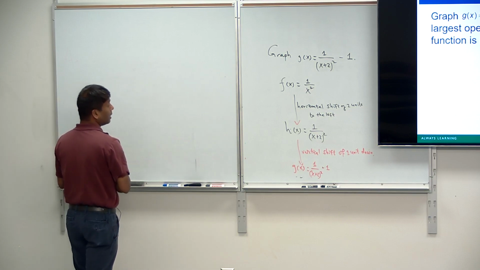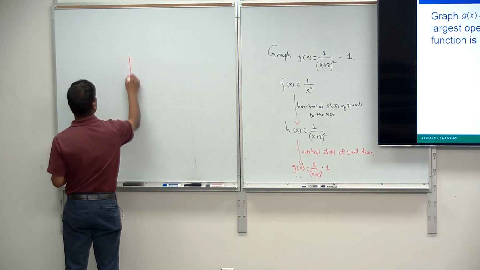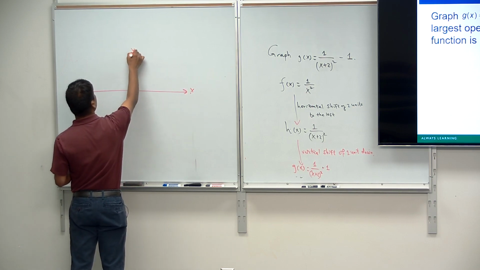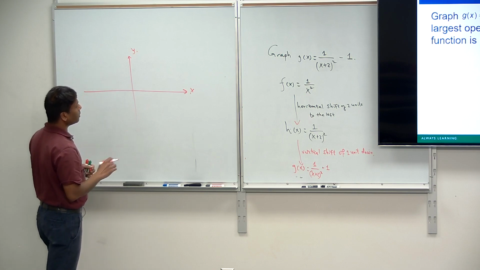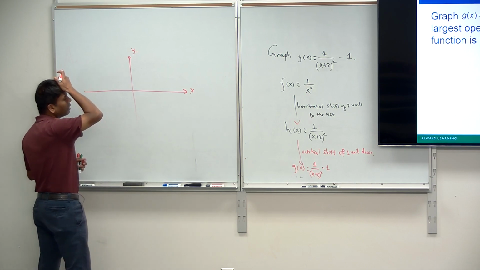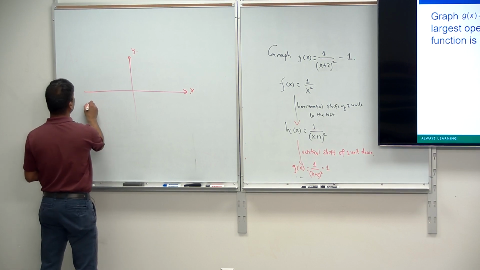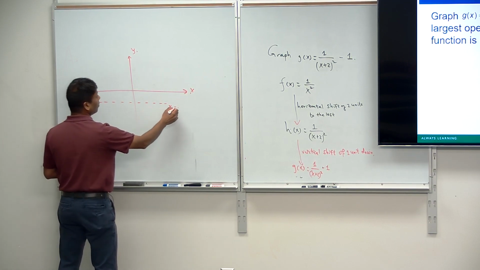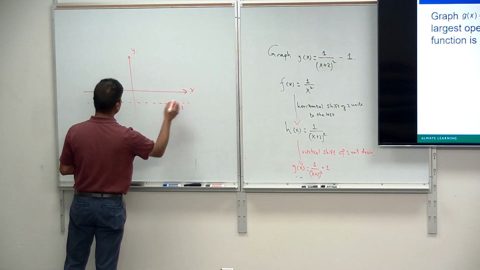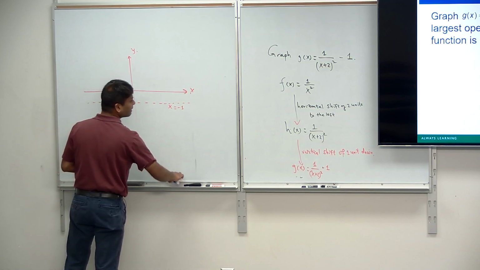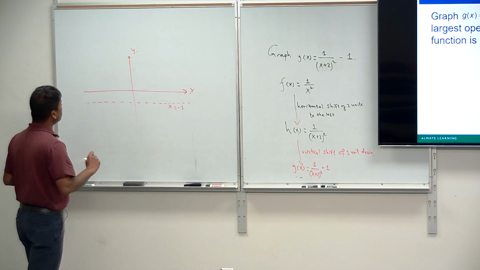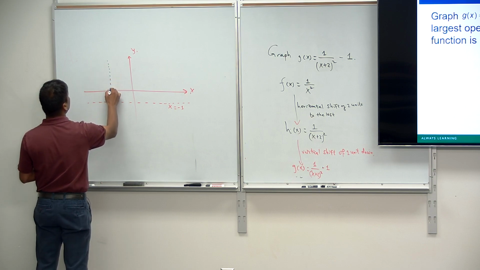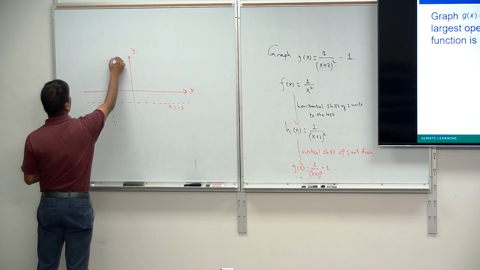So this is your x-axis, this is your y-axis, and you shifted 2 units to the left and 1 unit down. So this is the line x equal to negative 1, and you shifted 2 units to the left, so this will be the line x equal to negative 2.